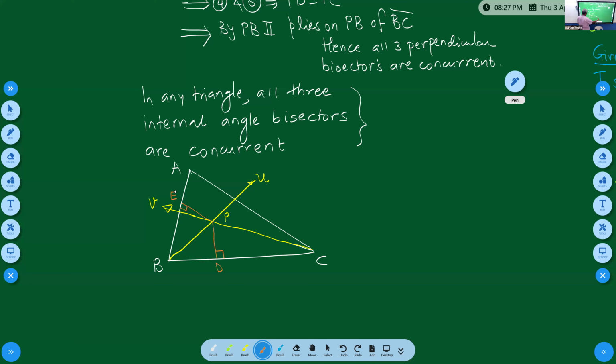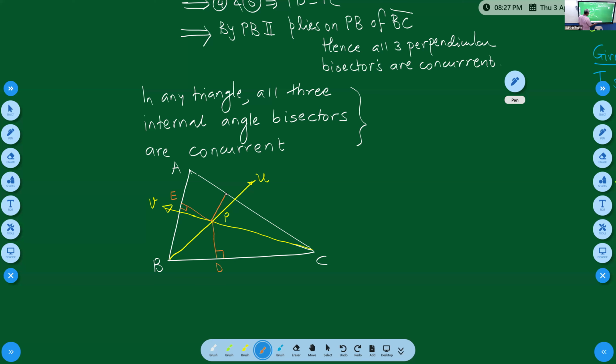If we use the second angle bisector of C, V is the angle bisector of C, P lies on that. Therefore, by AB1, if point P lies on the angle bisector, then it is equidistant. Therefore, PD is equal to PF.